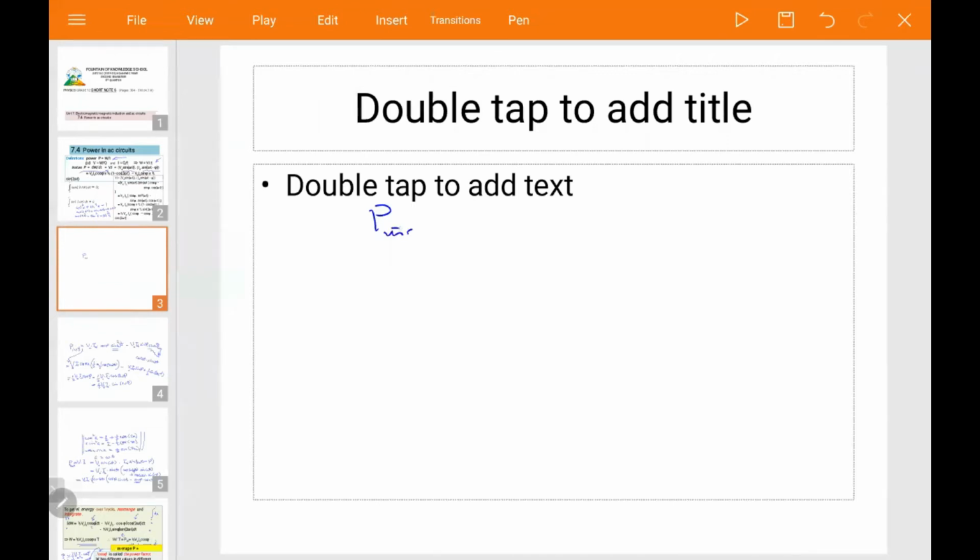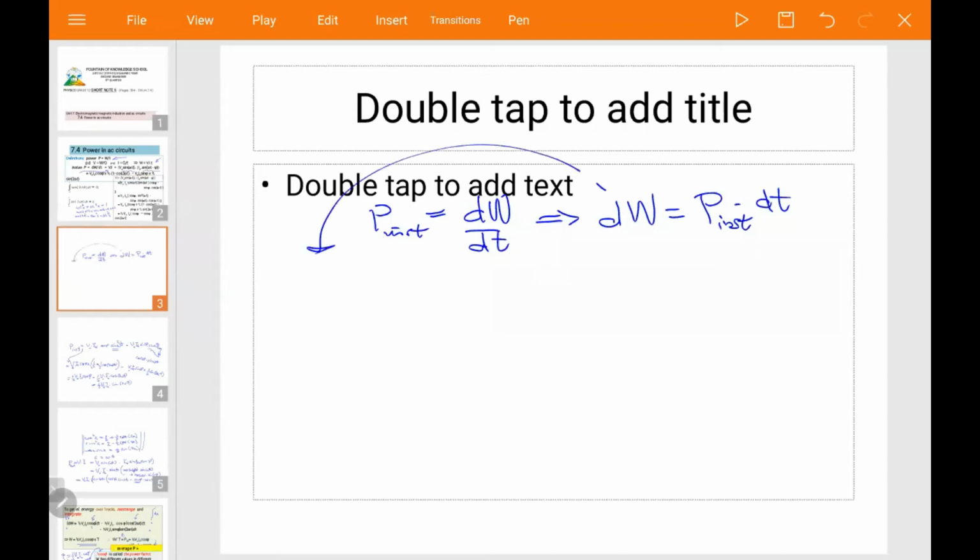So instantaneous power is then delta W over delta T, but this time, since it's changing very, very quickly, as I told you last time, we'll go over to the integration or differentiation term, write down dW over dt. That means the instantaneous energy, dW, is equal to instantaneous power times dt. We're almost there.